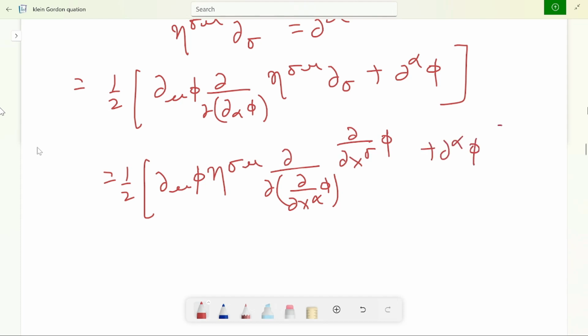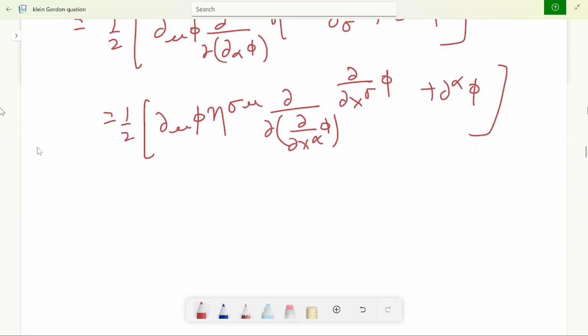Plus d alpha phi. Now this is the same derivative we worked with earlier. So this derivative is just going to be d phi eta sigma mu, and this is going to be a Kronecker delta once again, right?